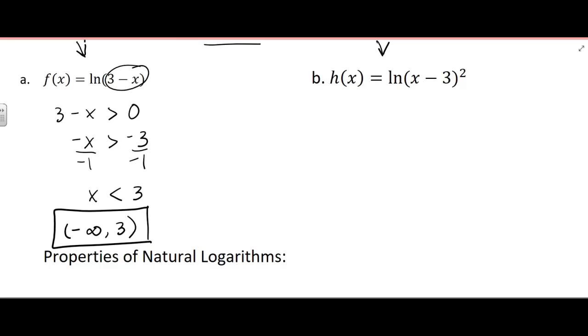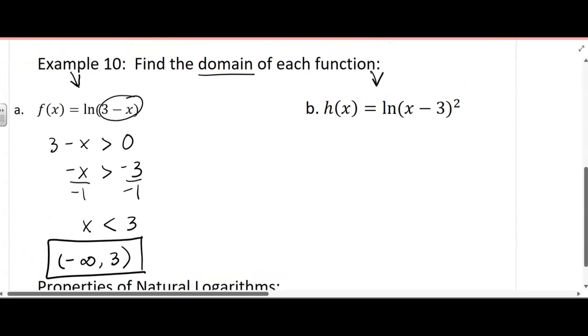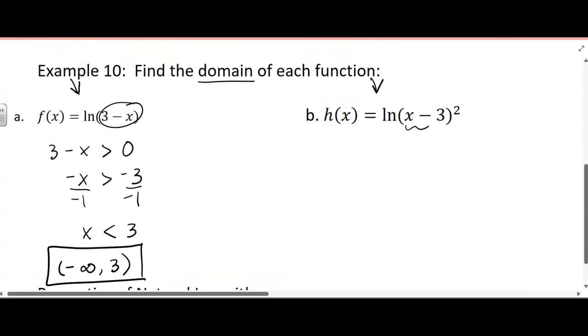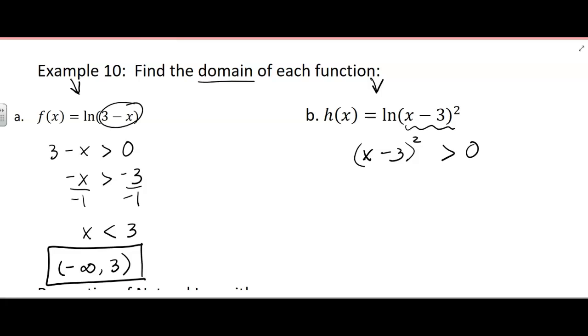Okay. Now, when you think about these, this is kind of an interesting one here on B. You're going to say, oh, well, I'll do that the way I did the other one. When is x minus 3 squared greater than 0? Well, that's a polynomial inequality, which we did in section 3.6.